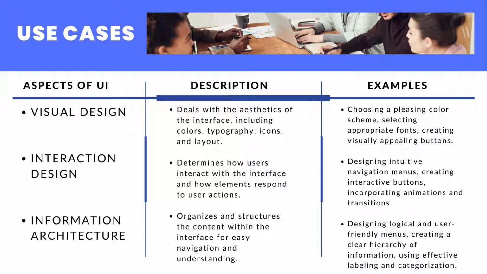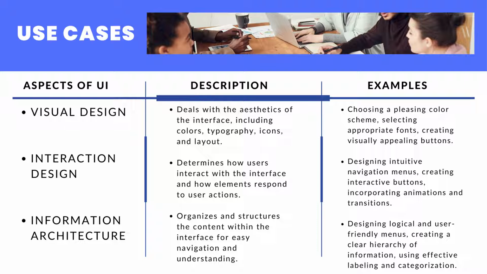Interaction design determines how users interact with the interface and how elements respond to user actions. An example is designing intuitive navigation buttons, creating interactive buttons, and incorporating animations and transitions in your app or web application.